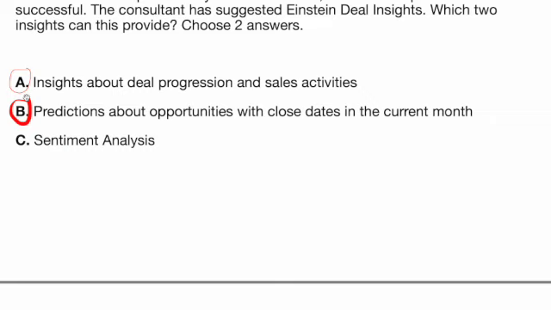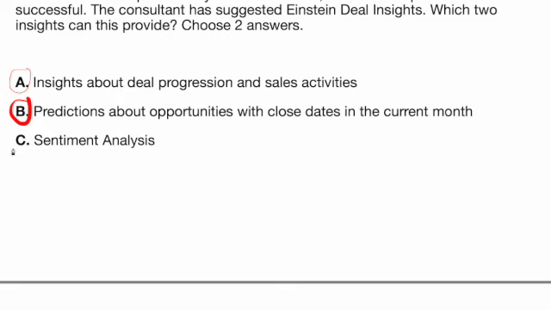So this is definitely something where process of elimination would really help you with this question, because C, sentiment analysis. So sentiment analysis is an AI, natural language processing tool. Basically, it's the process of analyzing text to determine if there's an emotional tone to it.